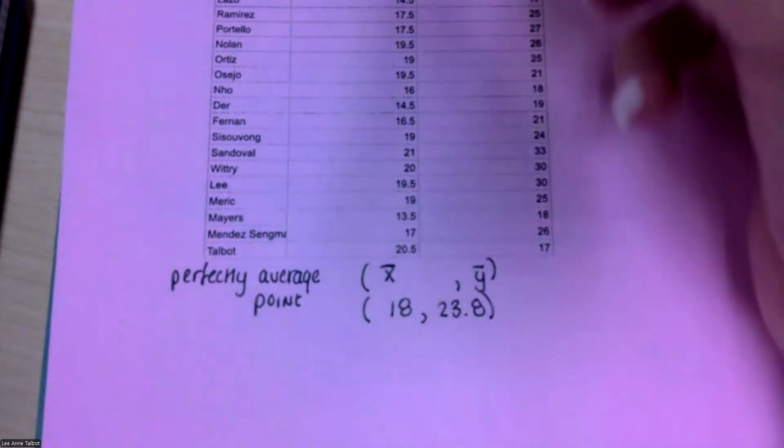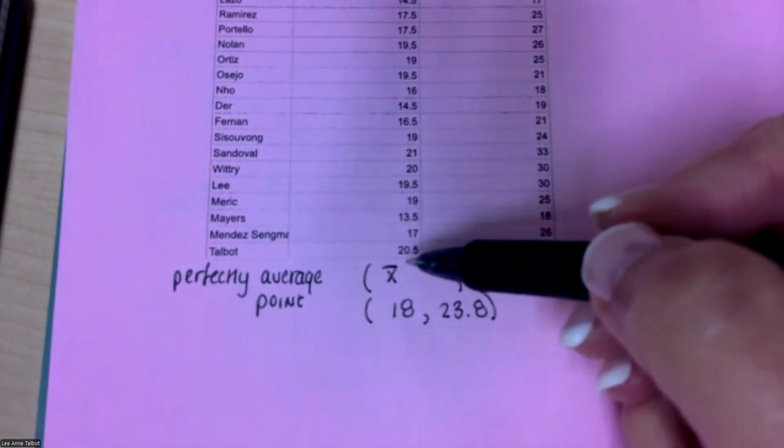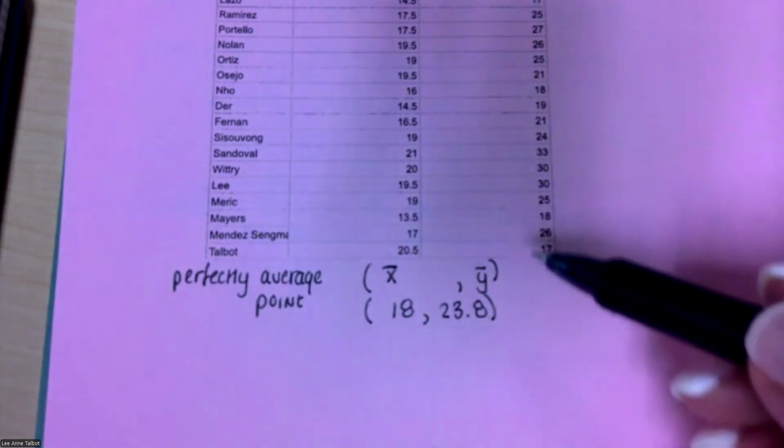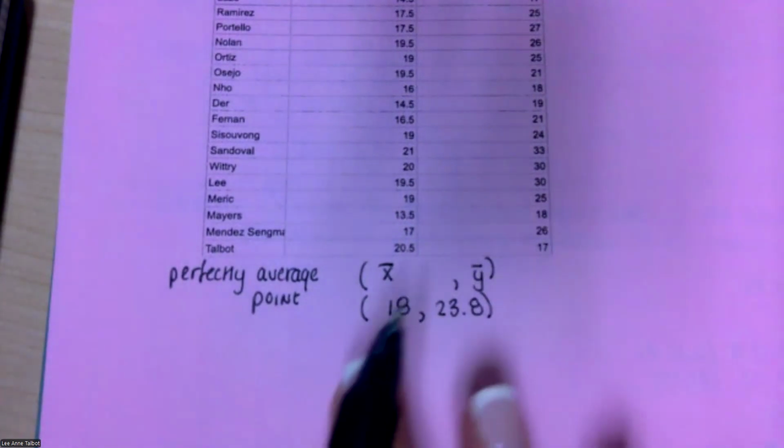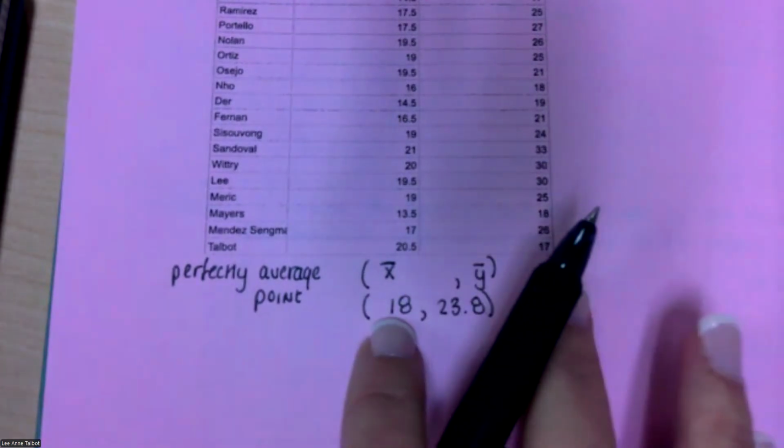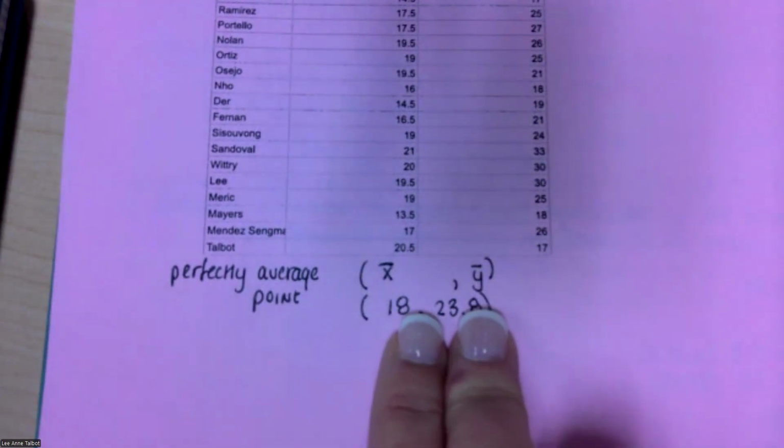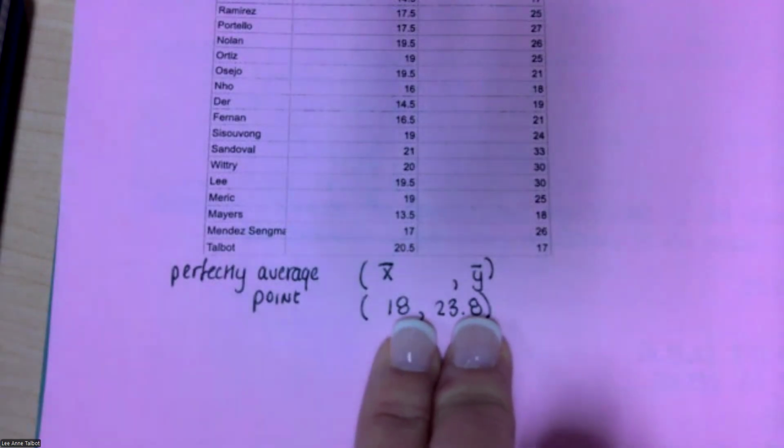And this just means all of the X's were added together and divided by 30, and all of the Y's were added together and divided by 30. Okay, but I want you to look on the other side on the graph and see if this point is actually on the line. Because otherwise I'm just making up hogwash up here.